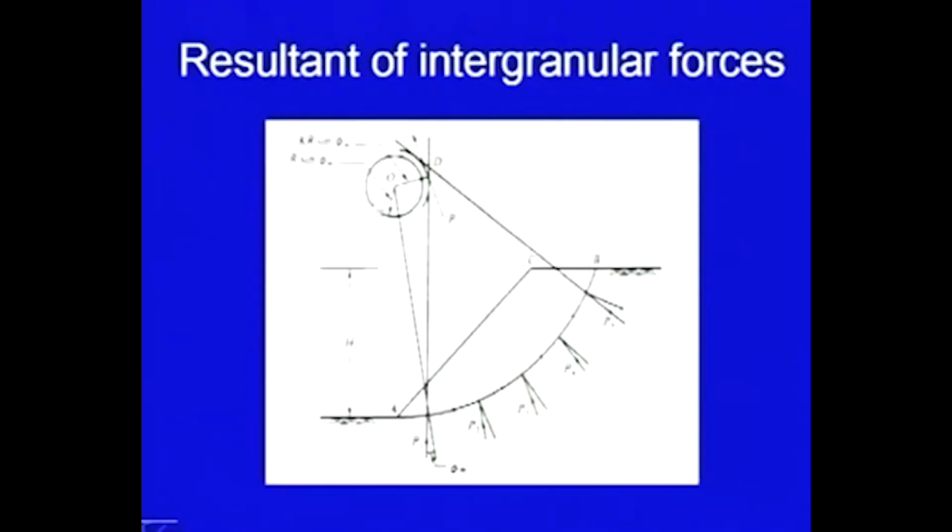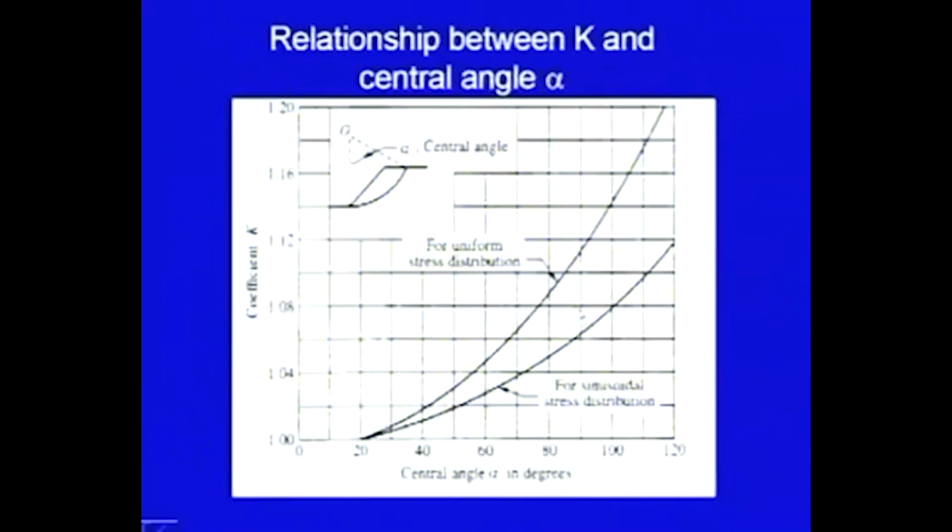So, the inner circle is the original friction circle, the radius is r sine phi m dash, and the outer circle is a little bit bigger, with radius k times the radius of the previous circle. This value of k you can find out from the charts, which are available.